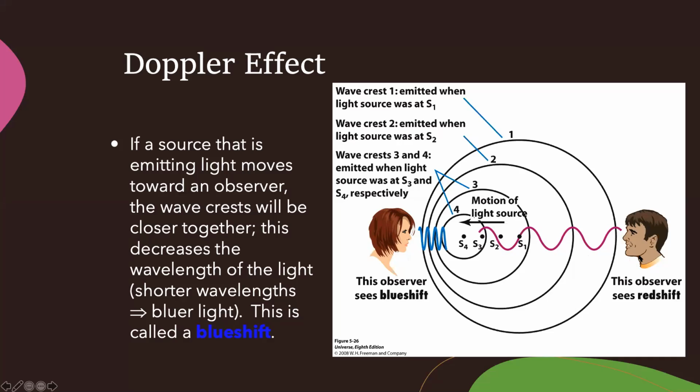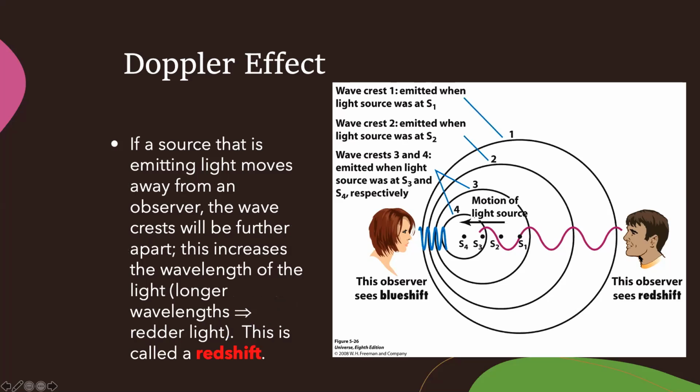On the opposite side, we have this man who is watching the light source move away from him. Therefore, the wavelengths get elongated, they get stretched out. And as they become longer, the light appears to get redder. And this again is called the Doppler effect.